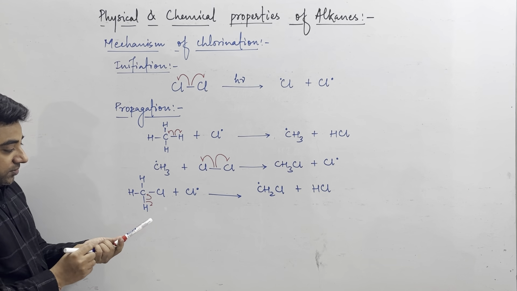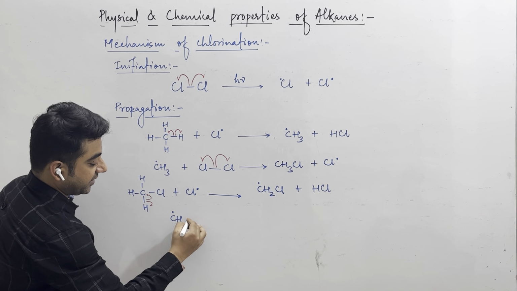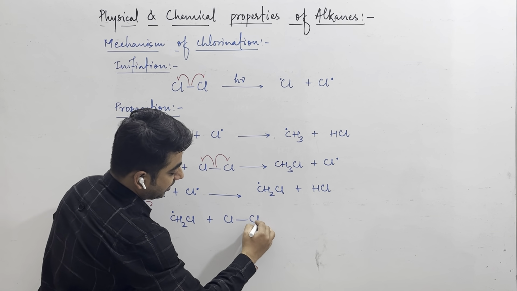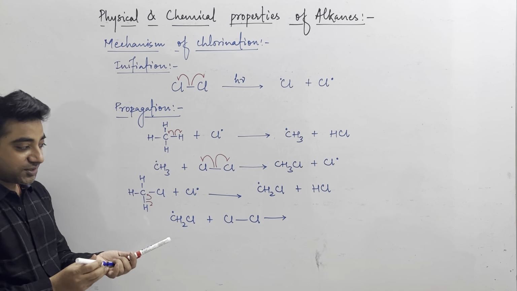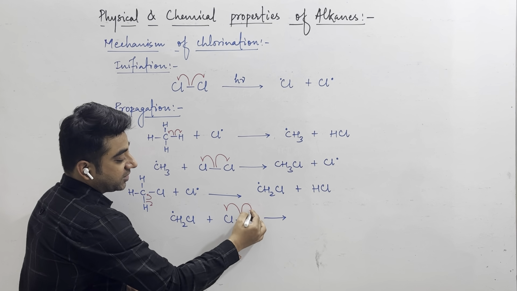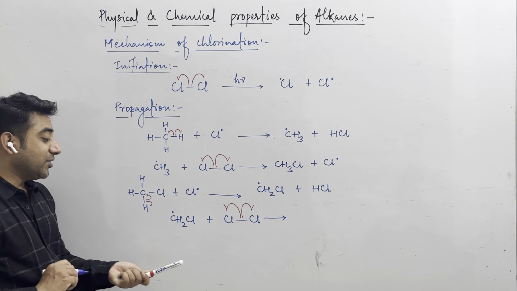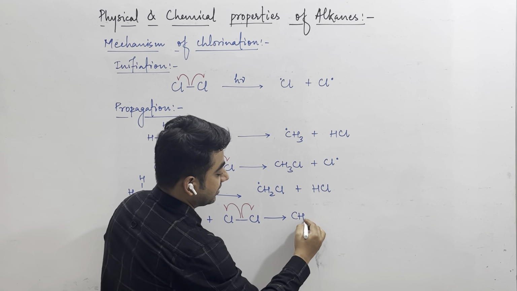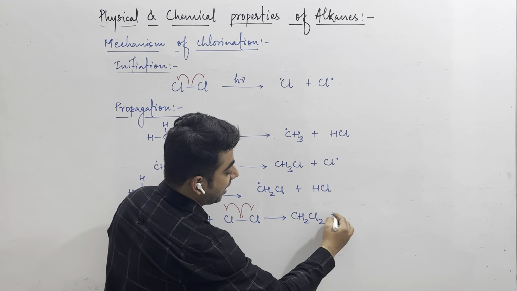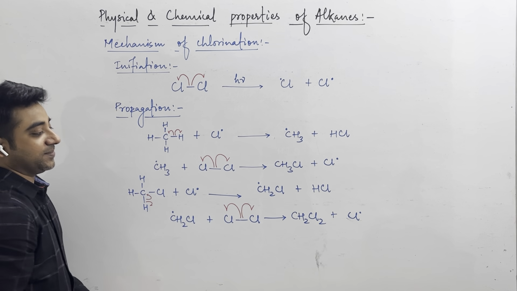Okay. So this free radical which is formed here further will react with a chlorine molecule in the reacting mixture, and again that will induce a homolytic fission in this, and the chlorine free radical formed will join with CH2Cl free radical to form CH2Cl2, and left will be one chlorine free radical.